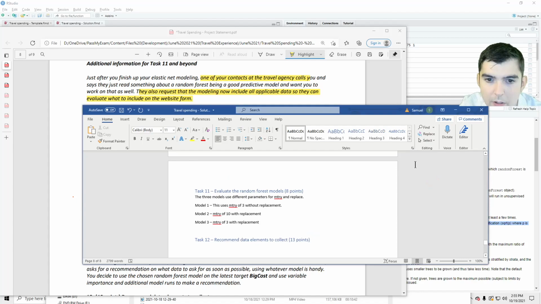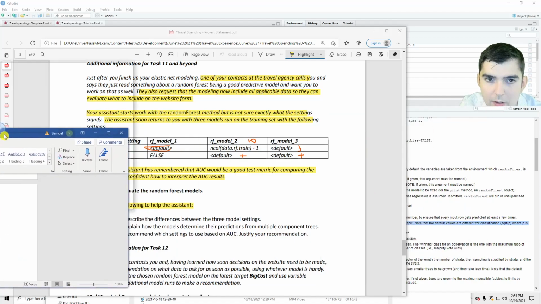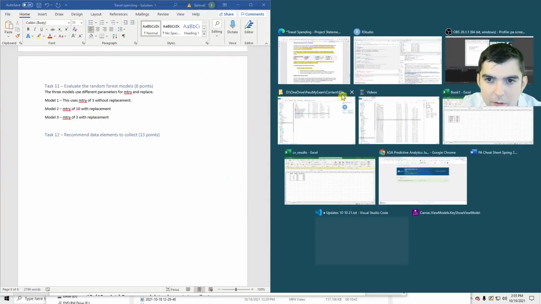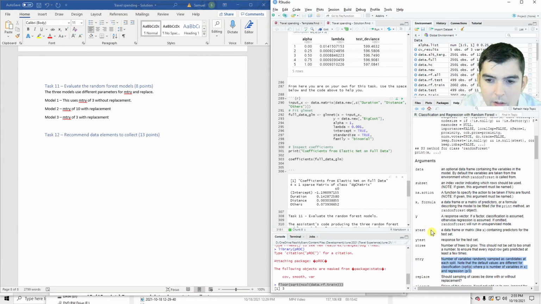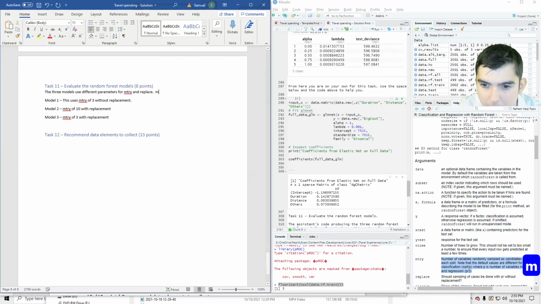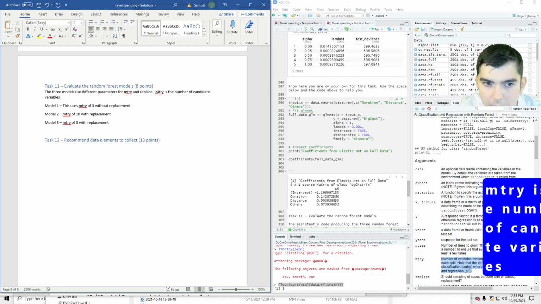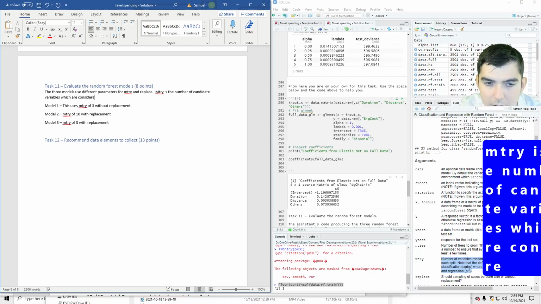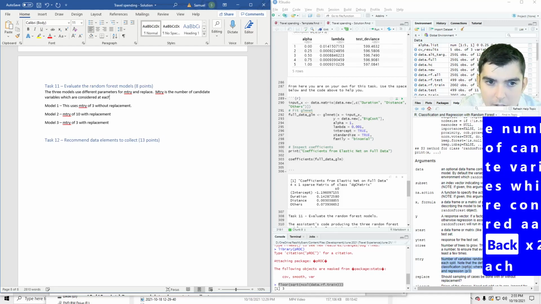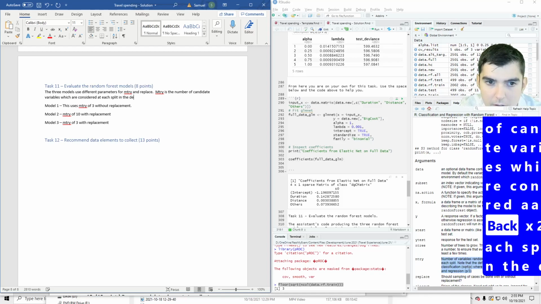So we can describe this using technical language. mtry is the number of candidate variables which are considered at each split in the decision trees.